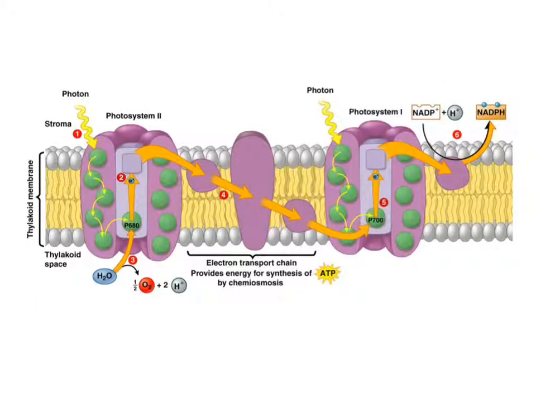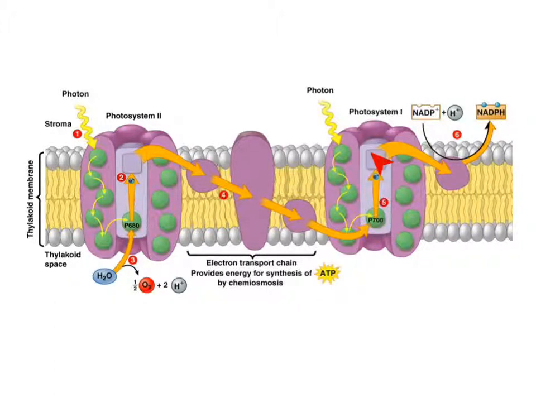So here's the whole process as one picture. We have a single photon of light, boosts electrons in energy level. It's going to eventually reach P680, boost those electrons. When that happens, water is split. Then the electrons are going to be carried from protein to protein, still embedded in the thylakoid membrane. It's going to be carried along to P700. At that point, there should be another photon of light at photosystem 1.